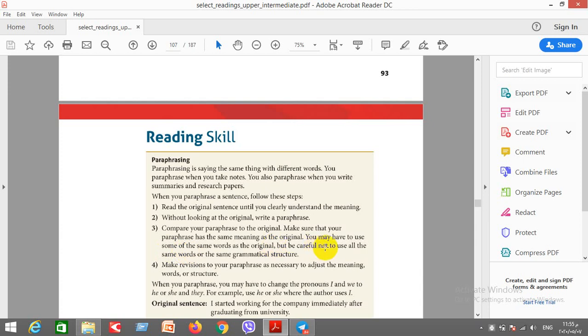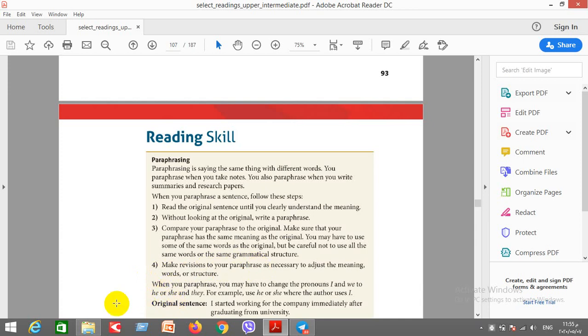But be careful: here it tells us not to use all the same words, meaning copy and paste, or the same grammatical structure and the same tense. I must change it. Now it says make revisions to your paraphrase as necessary to adjust the meaning, words, or structures.